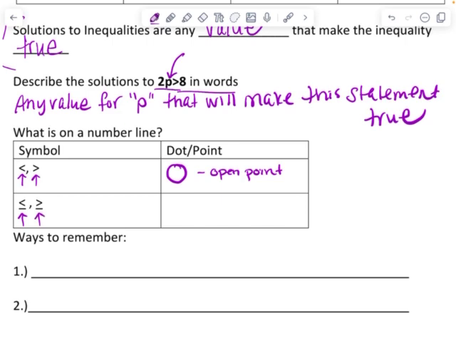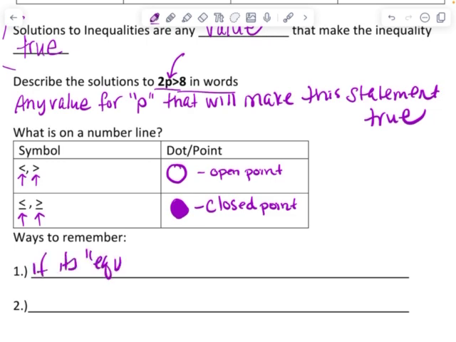When I graph less than or equal to or greater than or equal to, I use a closed point. So I use a closed point, and we'll see some examples here shortly.